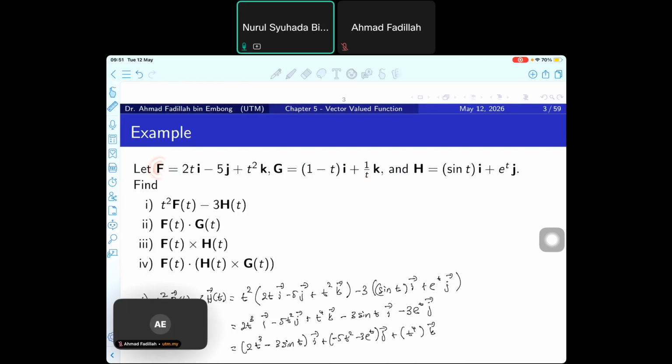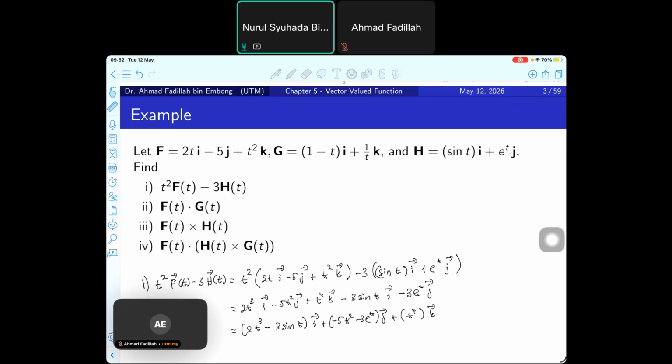I can bold F, I can bold i, j, and also k. Bold means that it is a vector. It is the same with your final examination. If we bold these things, it means that it is a vector. For example, G with i and k here, H with i and j here. All those are vectors.